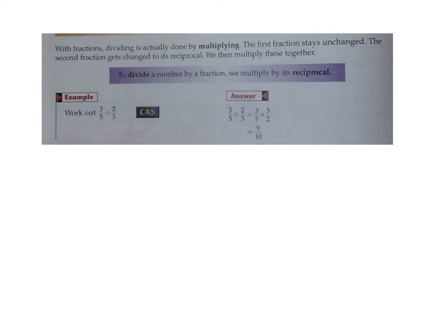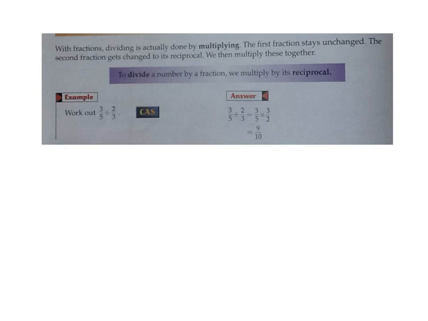So, for example, the example there is 3/5 divided by 2/3. The first thing is that you change the sign. The opposite operation to division is multiplication. So you change the division sign to multiplication, and then you multiply by the reciprocal. You've just done that exercise previously, or as Maths Buddy said, you flip that fraction.